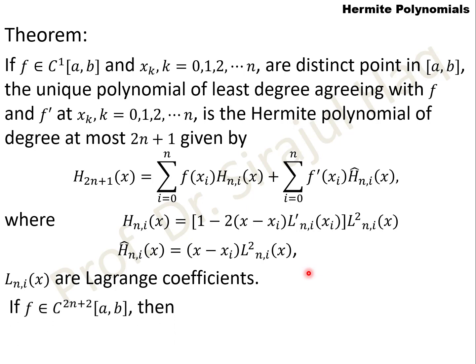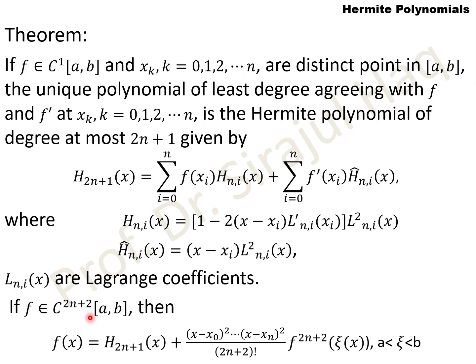Further, if the function along with its derivatives up to 2n plus 2 is continuous, then the function can be approximated by a polynomial plus the error term. This is the error term when you are approximating the function by the polynomial. Xi is usual, it lies between x0 and xn, or it lies between a and b.